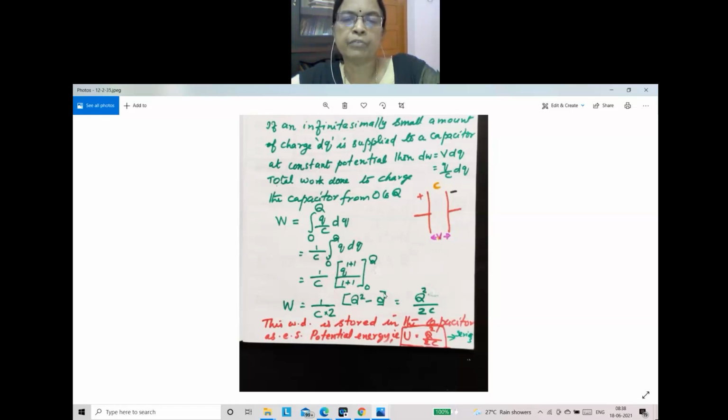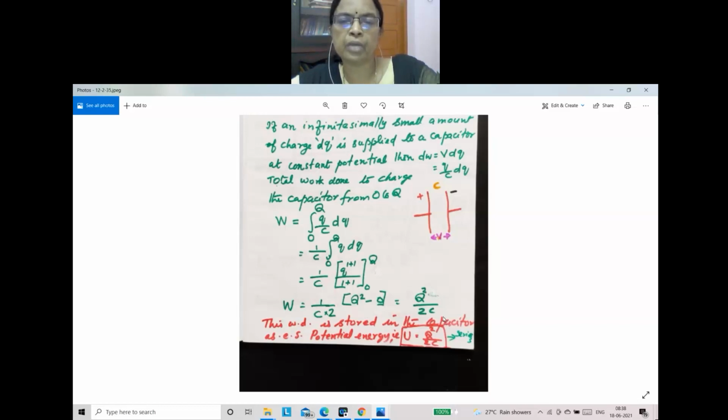Then we have to apply the limits. The upper limit gives capital Q square, minus the lower limit, where in place of Q you give 0 raised to 2, that is 0. So we got the expression Q square by 2C.